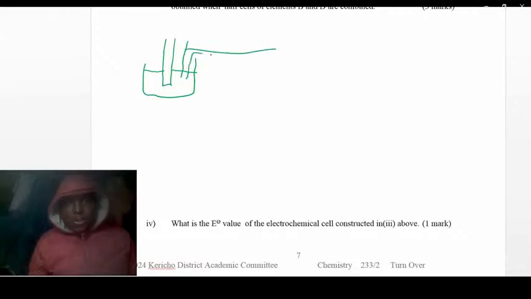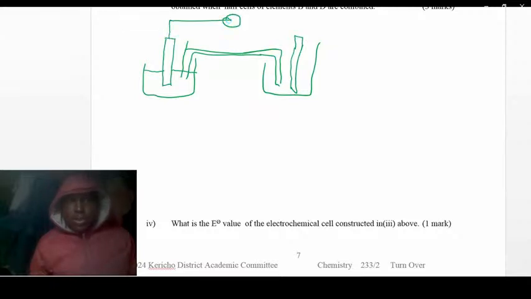So you draw the electrode, you put the electrode into the solution, and then you remember to draw the salt bridge. Then you draw the electrode on this side. Then you remember to draw the voltmeter here.